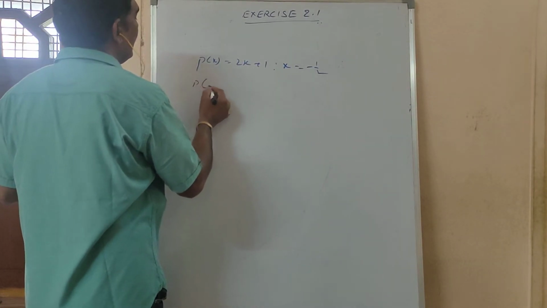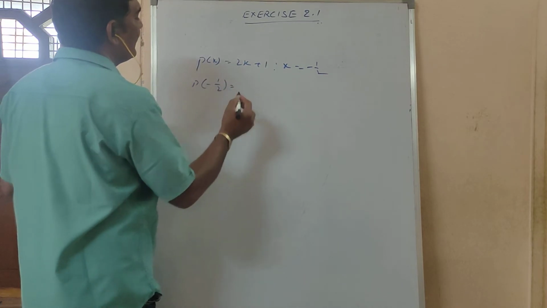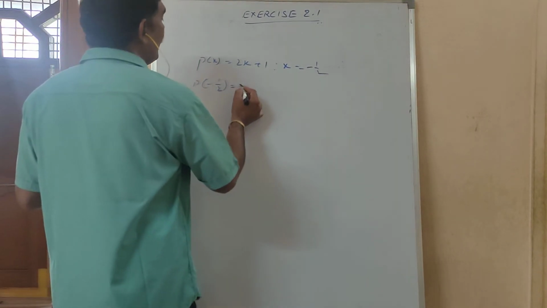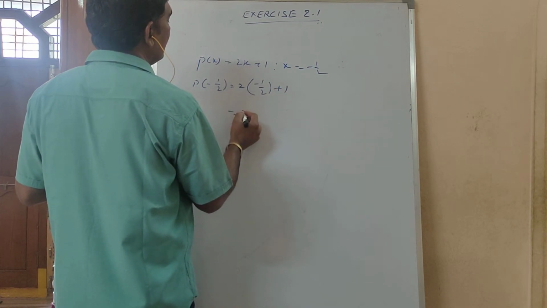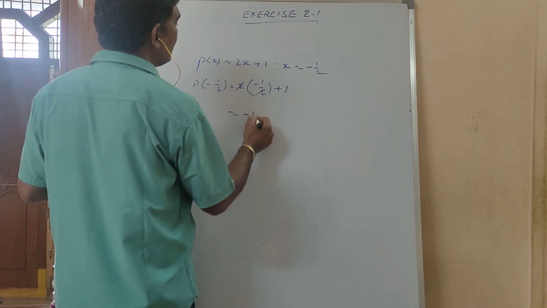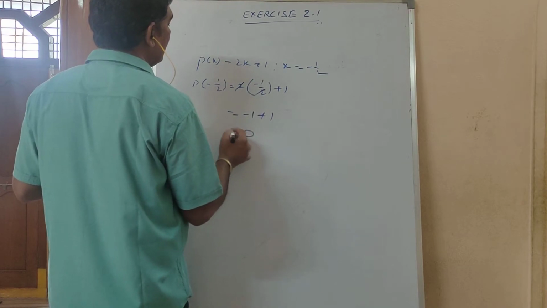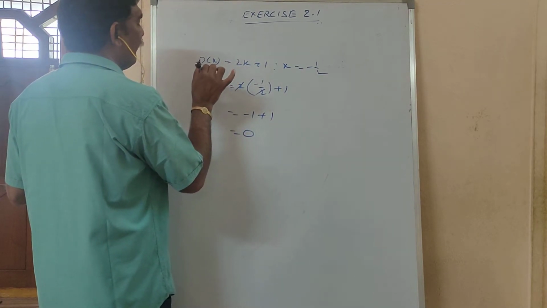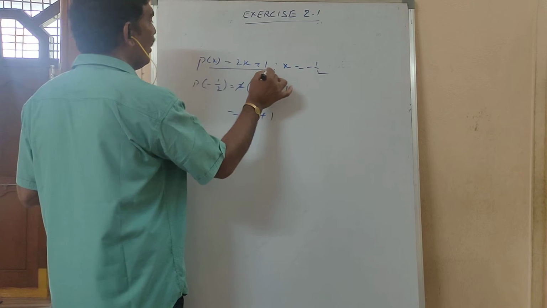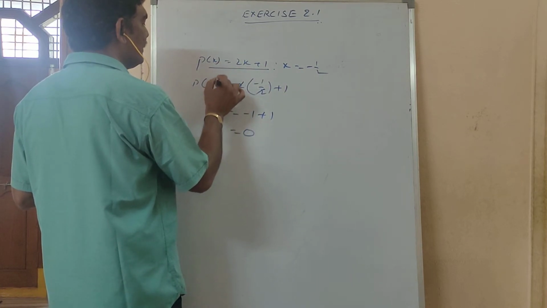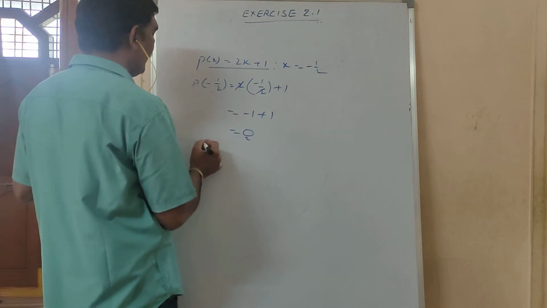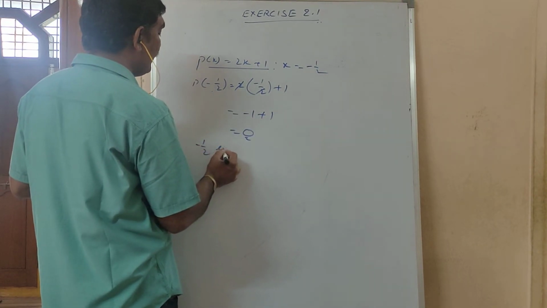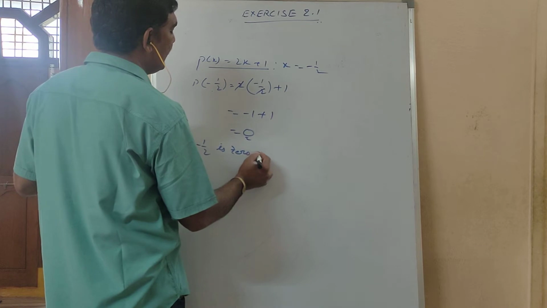Means you have to find the value of p of minus 1 by 2. 2 into minus 1 by 2 plus 1. So 2 cancelled, minus 1 plus 1. So value of this entire polynomial at x is equal to minus 1 by 2. How much you got here? 0.